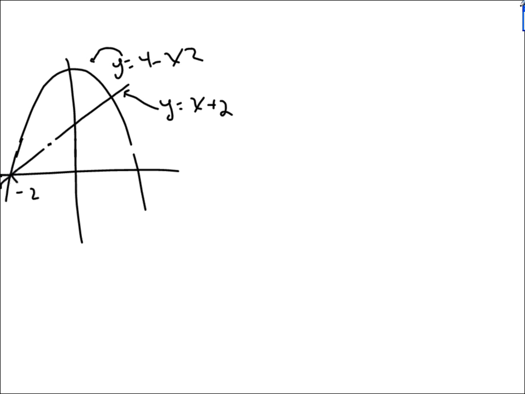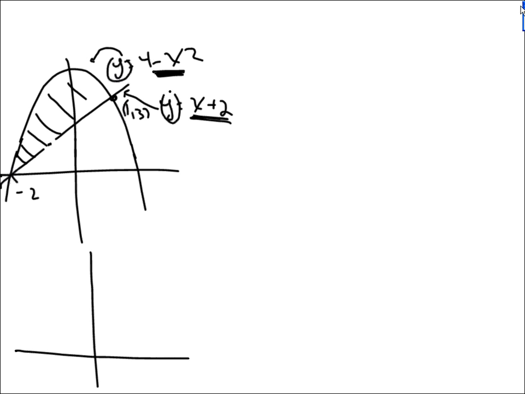They tell you that. And it crosses also at the point (1, 3). When x is 1, y is 3. So basically, we want to find this enclosed area right here, where this point is (1, 3).